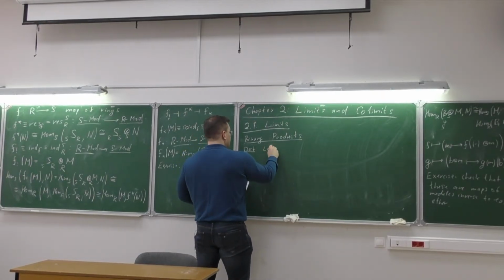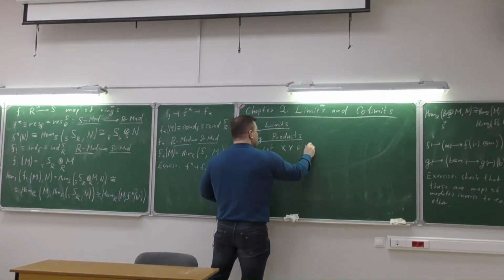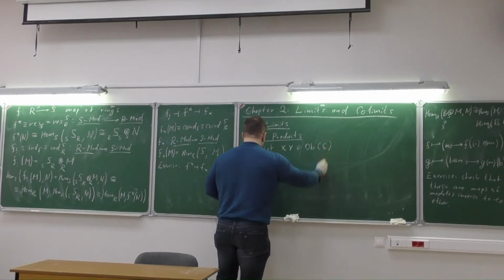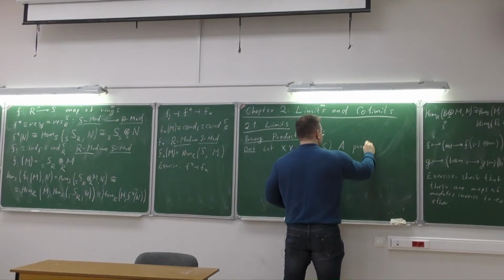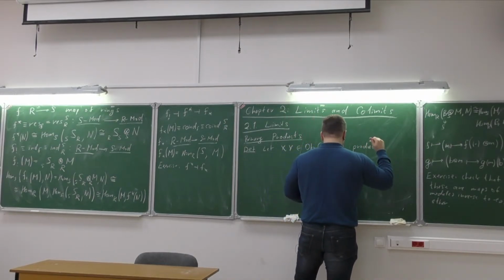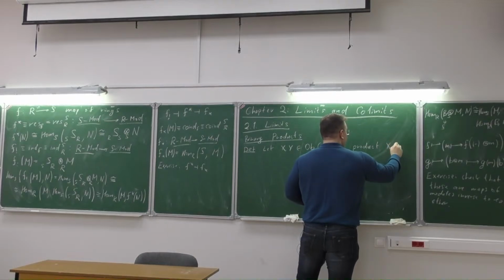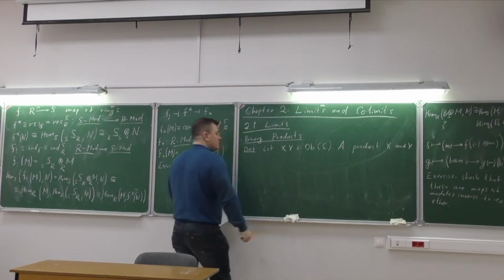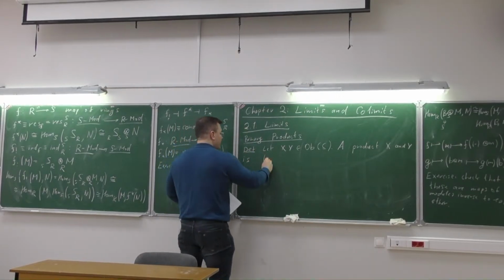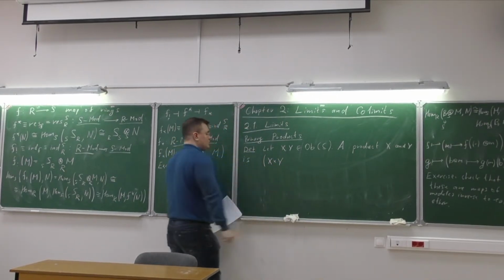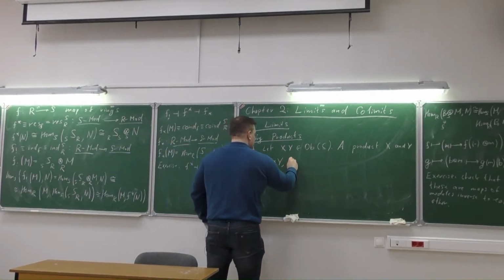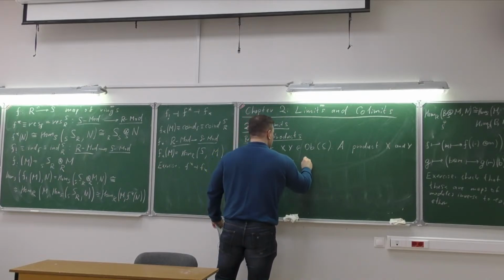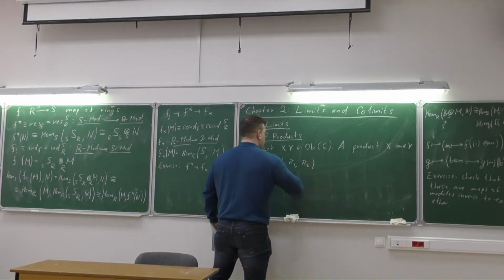Let X and Y be two objects in some category C. A product of X and Y, formally speaking, is a triple where I have an object which is usually denoted as the product of X and Y, and I have two projections, pi 1 and pi 2.